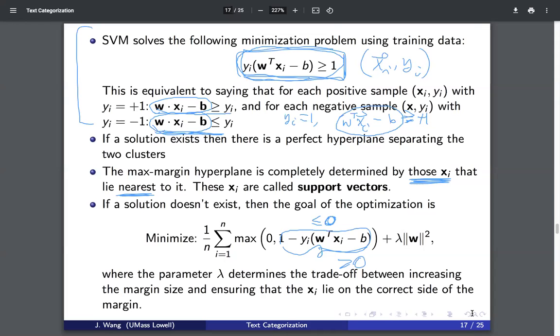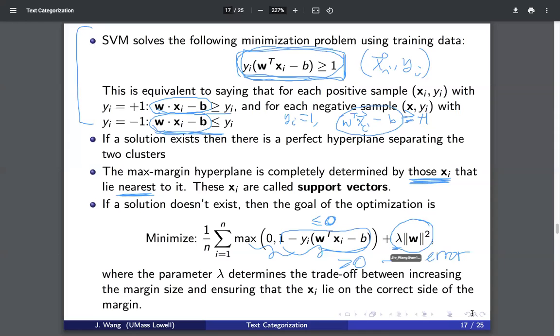So the maximum of this indicates the error. Because we take all the points, we aggregate them, sum them up, take the average, and then we introduce a parameter lambda to indicate the trade-off between increasing the margin size and ensuring the xi lie on the correct side of the margin. That's what we are introducing.